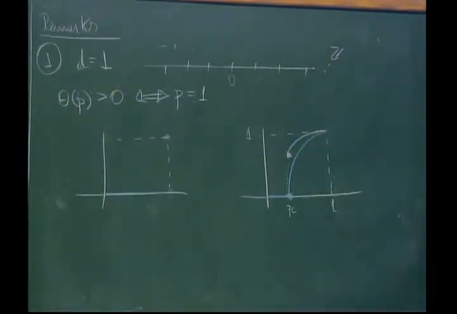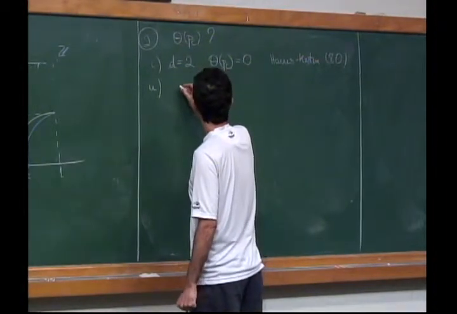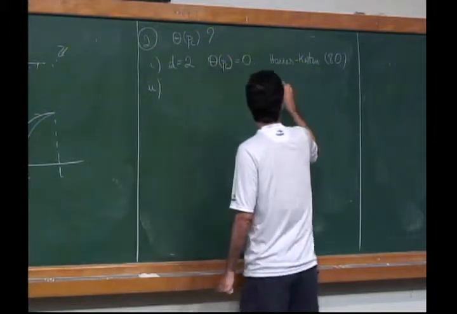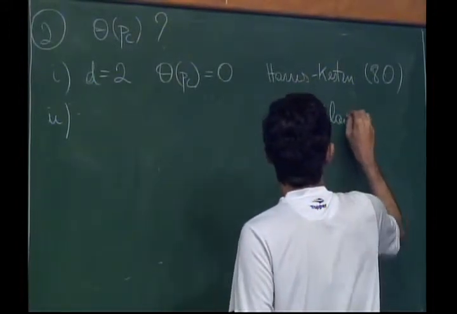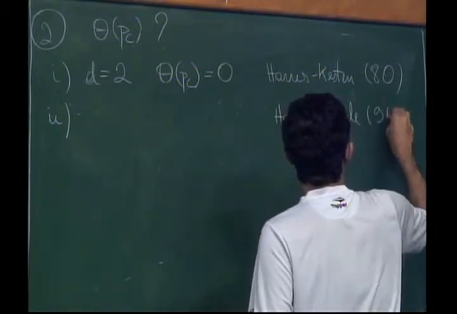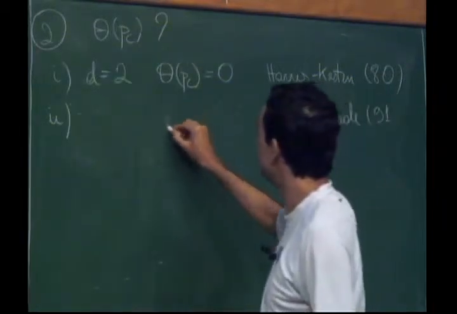It was proved by Harris and Kesten that for d equals 2, this is 0. Some years later, it was proved by Takashi Hara and Gordon Slade in '91 that for high dimension, theta of p_c is also 0.